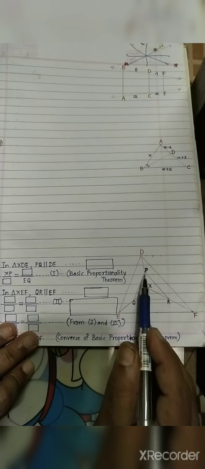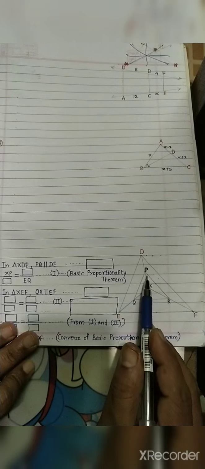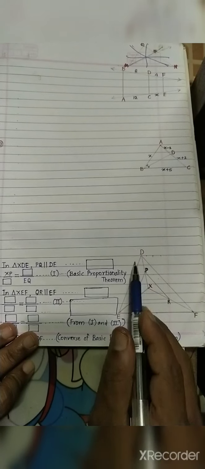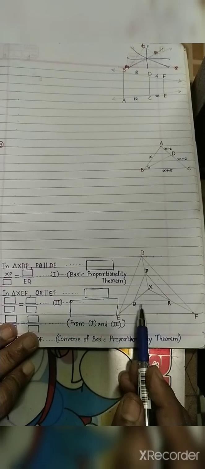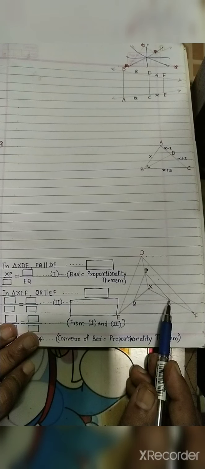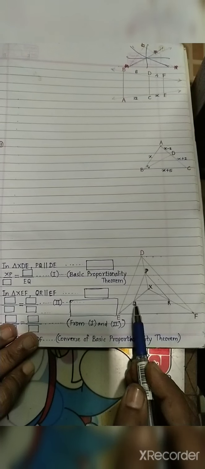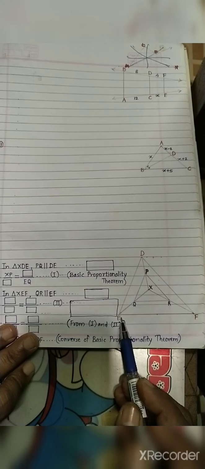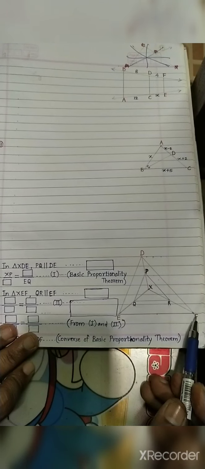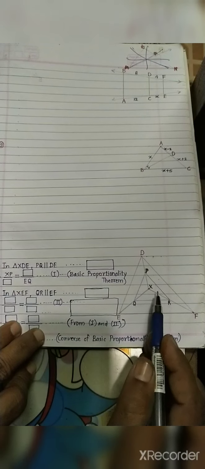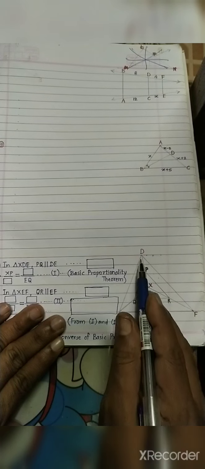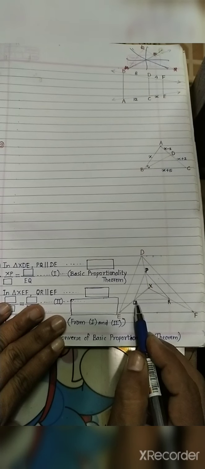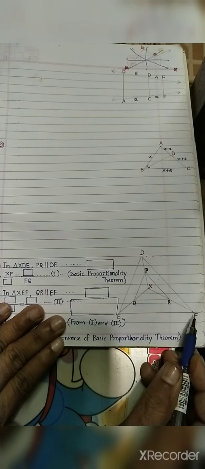Okay. Seg PQ is parallel to seg DE and seg QR is parallel to seg EF. Means here we have given seg PQ parallel seg DE and seg QR parallel seg EF.